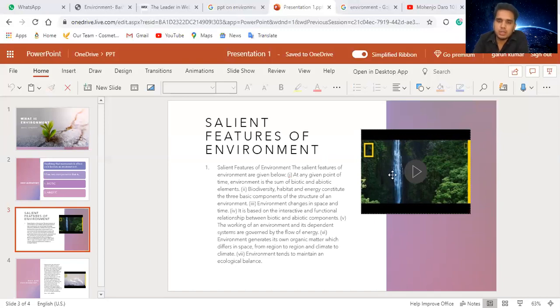Just like the waterfalls, mountains, these are the abiotic components because these are not living things. Just like winds. Okay, but these are the part of the nature. But they are not living things. So that's why they are known as abiotic components.